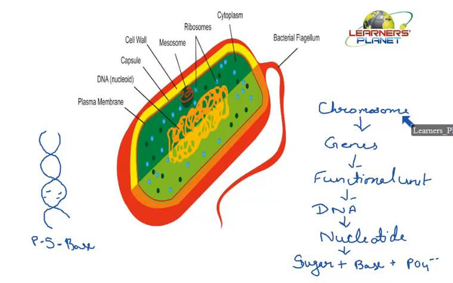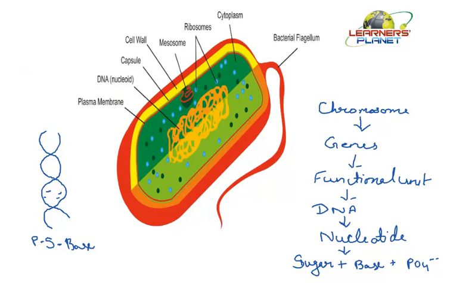In each case, the genetic material is supposed to be the chromosome. And in that, of course, it is meant for storing the functional units called genes. So these are actually present in the center region and they do not have a distinct membrane. So they are present within the cytoplasm only.